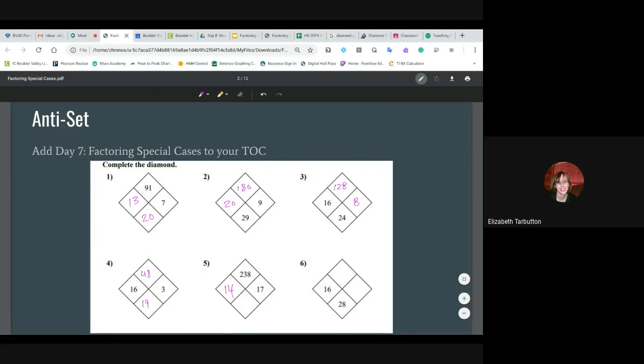And 14 plus 17 is 31. And here 16 plus something makes 28. That is 12. And then 16 times 12 is 192. Okay, so that is the information for our diamond problems for today.